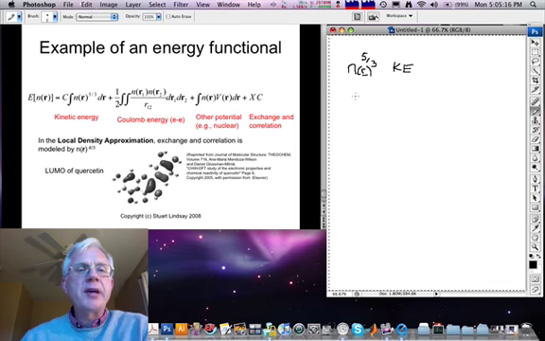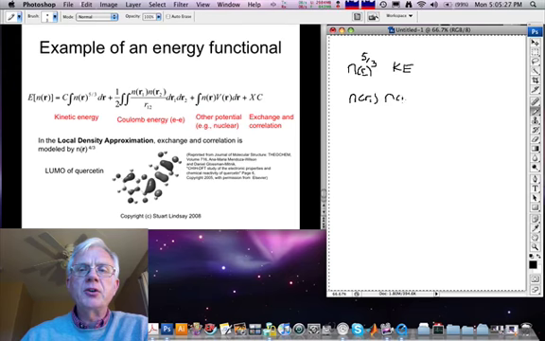The second term you'll recognize quite simply as the Coulomb energy, just the density at point 1 times the density at point 2, multiplying by dr1 and dr2 to get a charge out, and then divided by r12, that's Coulomb's law.